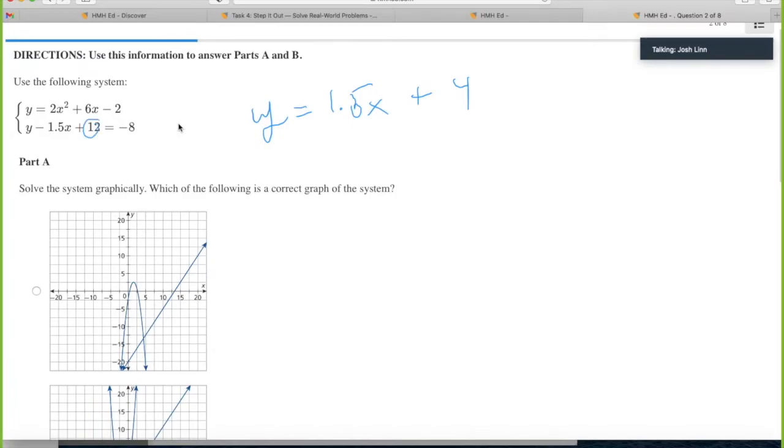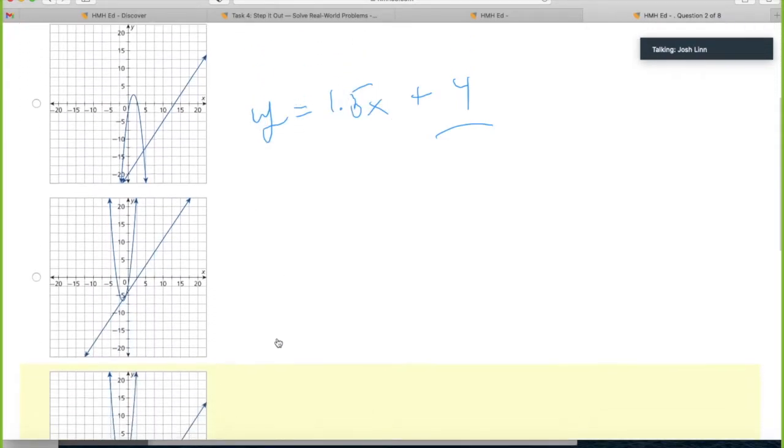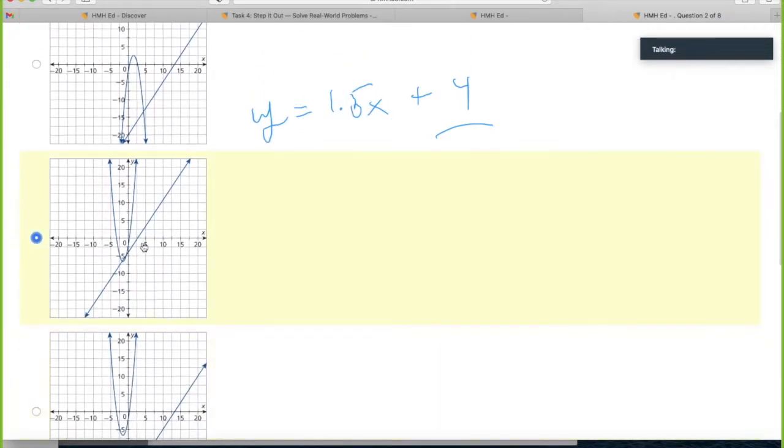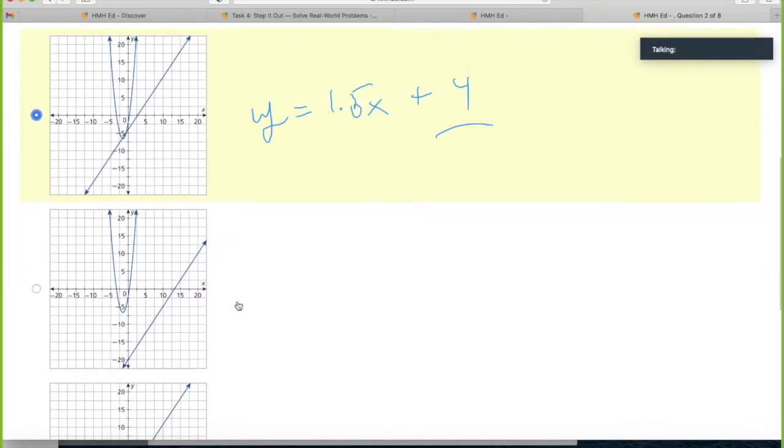So I move this over, I move this over. So now our y-intercept is going to be at 4. So now I can look at this and go, I like that one. That one's wrong too. So let me look at my answers here.